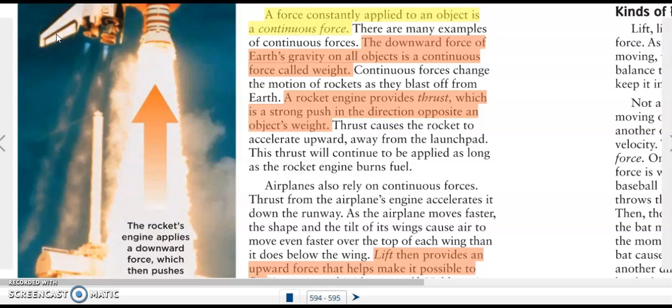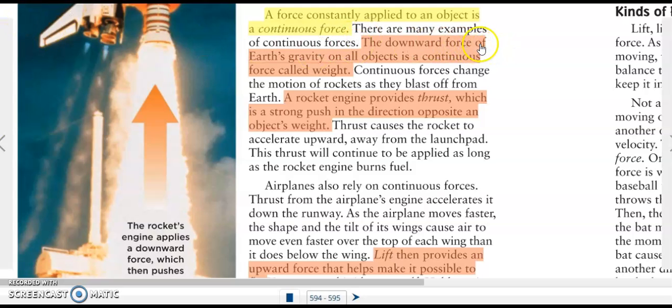There is something pulling us down. We always have this force. So this is an example of continuous force. It is a force I have all the time, always present.